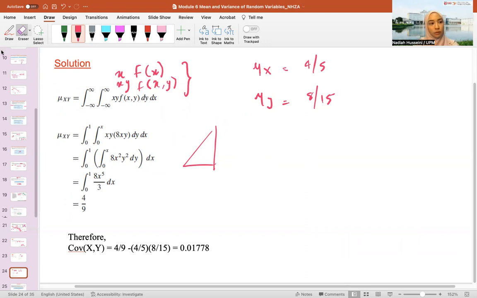Okay, I'm not sure about this one. I'm not sure why the boundary is different. I need to double check on this. Double check.